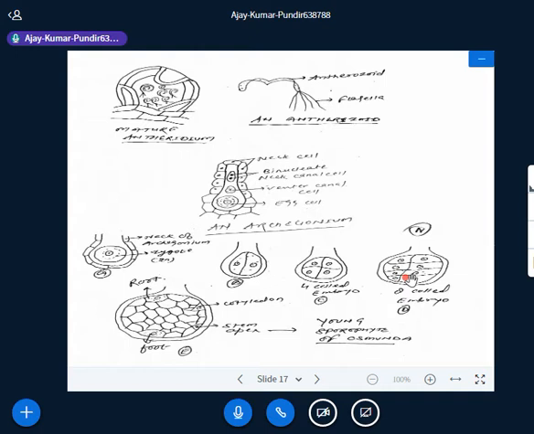Then further division takes place, 16 cells formed. Then further division takes place, 32, 64, and so on. As a result, due to various divisions, the diploid zygote becomes a multicellular embryo, which is also diploid. What happened during the development of the plant from diploid zygote?